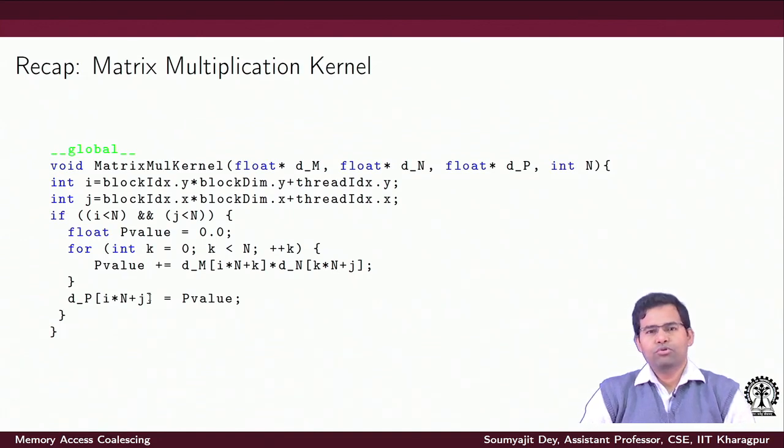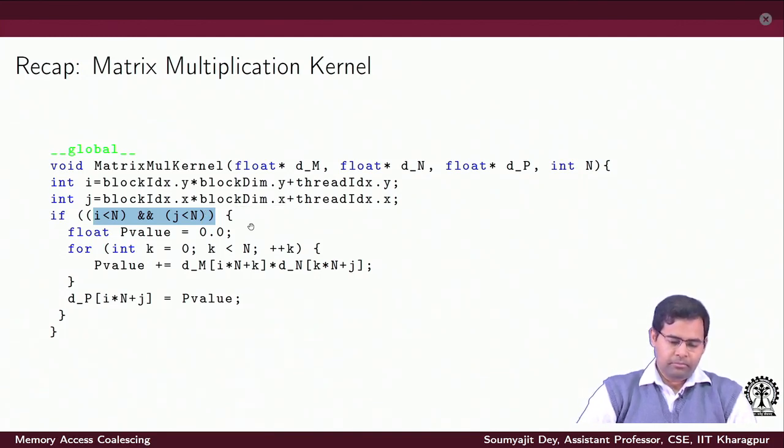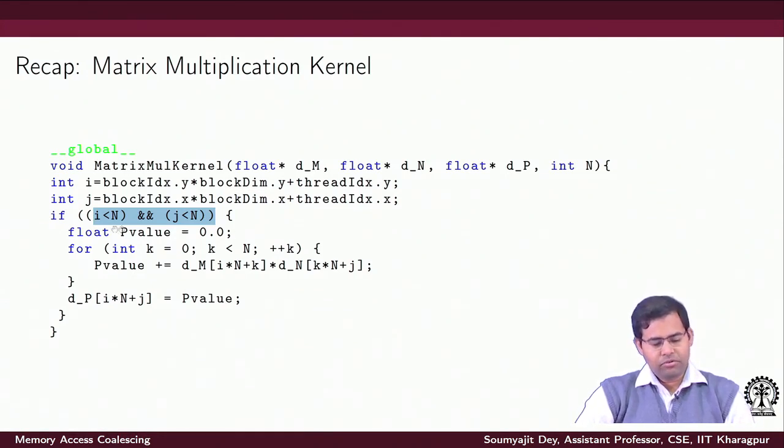This is the usual code of the matrix multiplication kernel, which you might recall from our earlier examples. All that we are doing is an if statement which checks whether i and j, the location of the row and column that we are trying to access in the matrix, are inside their relevant bounds.